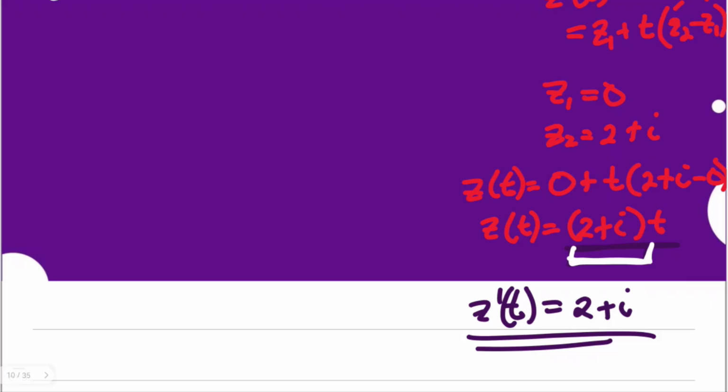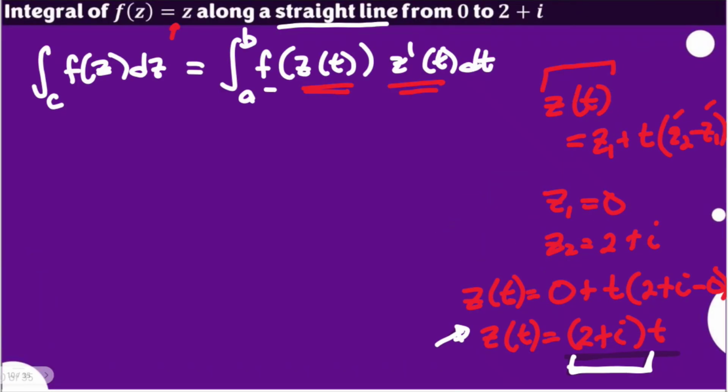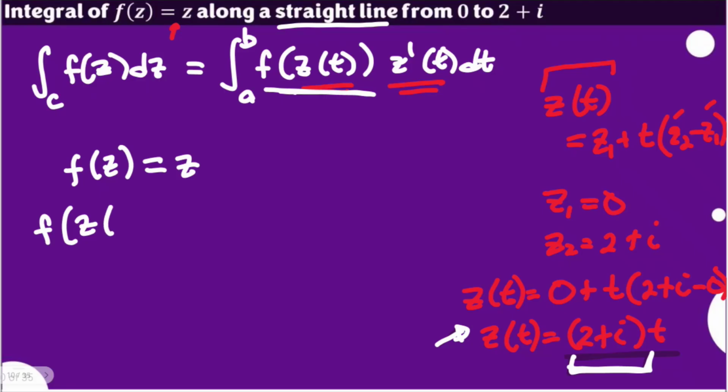Our z of t earlier is not necessarily the expression we need here. It depends on our given function. Since our function of z is just z itself, we have f of z of t is equivalent to z of t itself, by substitution.